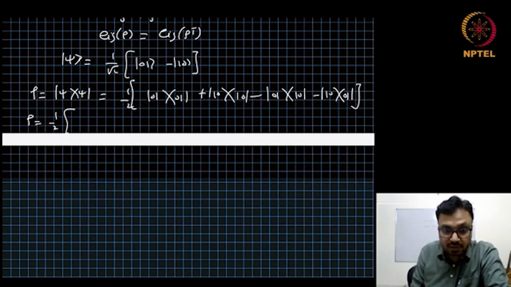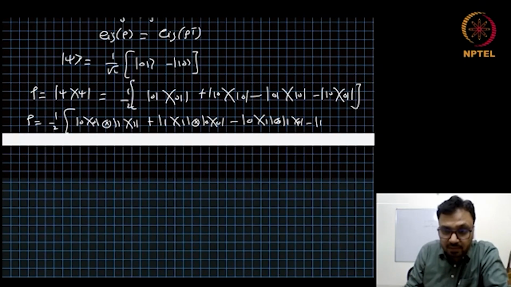So this (01)(01) can be written as |0><0| tensor |1><1| plus |1><1| tensor |0><0| minus |0><1| tensor |1><0| minus |1><0| tensor |0><1|.